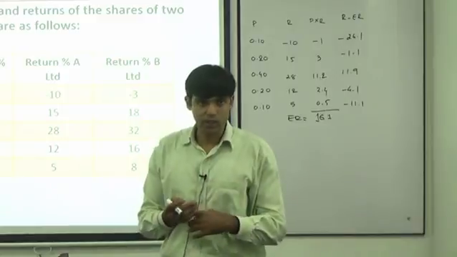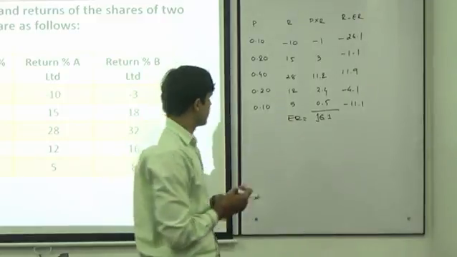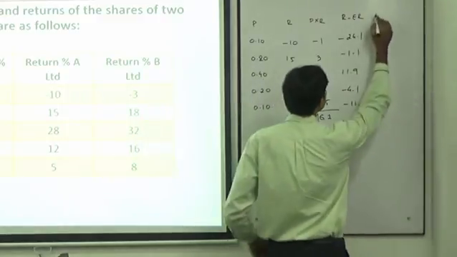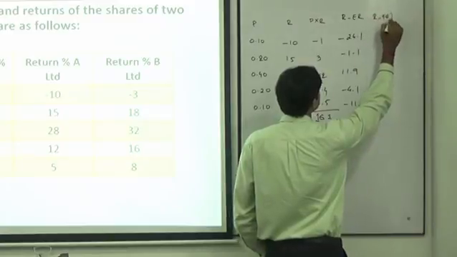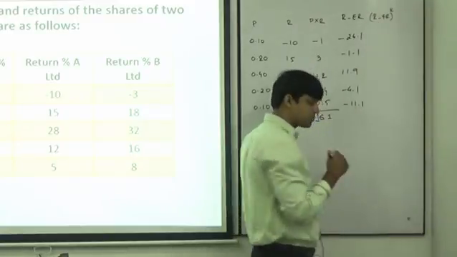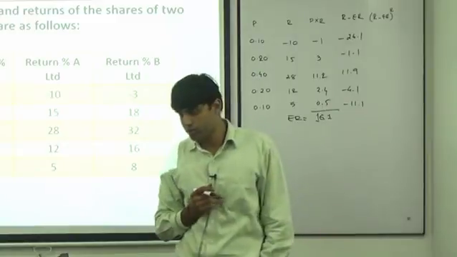Once again the same technique, right? So we need to square this. It is return minus expected return, squared. It is going to be some big numbers, definitely.